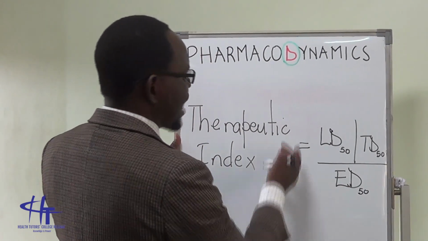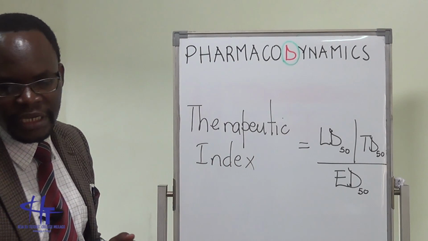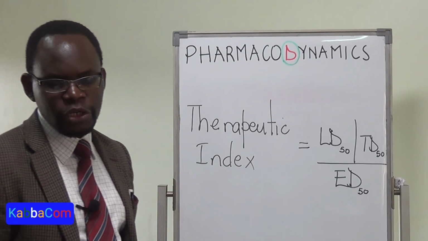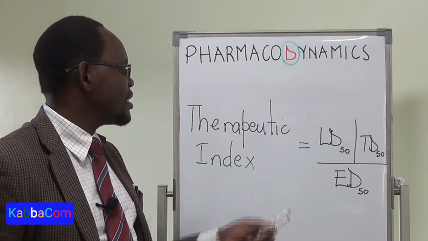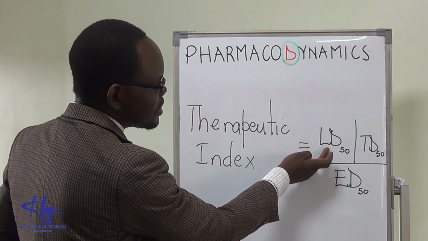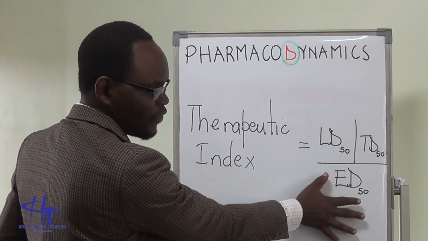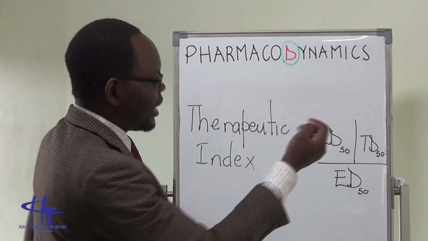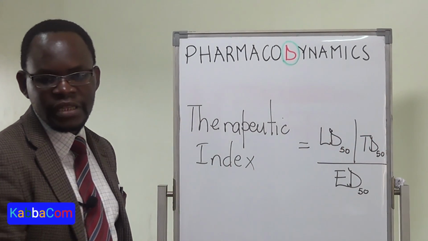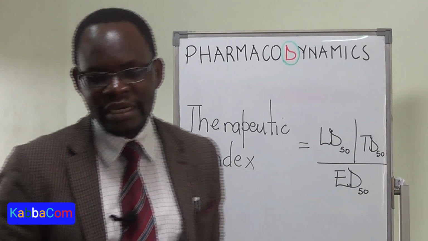That is how we use quantal dose relationships to determine the therapeutic index. So it is either lethal dose at 50 divided by effective dose at 50, or toxic dose at 50 divided by effective dose at 50.